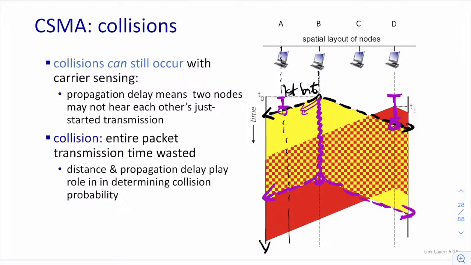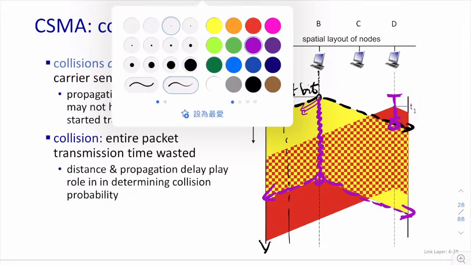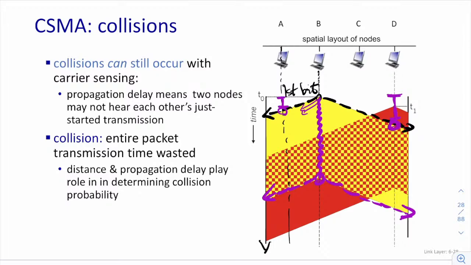You can see that the yellow parts are the signal transmitted by B, and it will propagate to A, C, and D. Because of the propagation delay and the distance between different nodes, the exact time that C and D receive the signal are different, because they have different distances to B. That is how the signal is propagated by B.